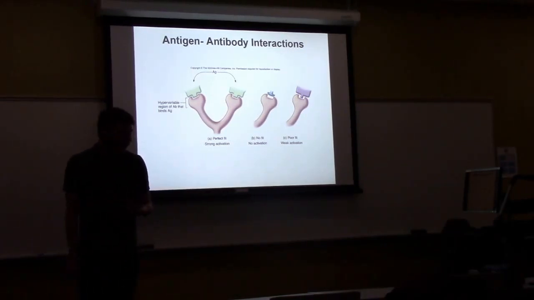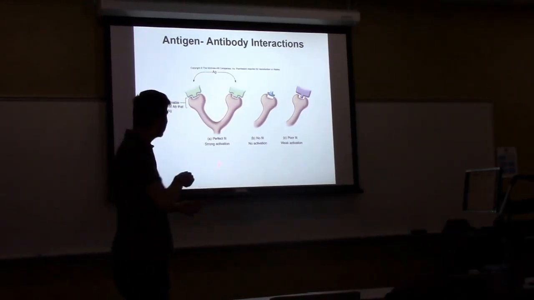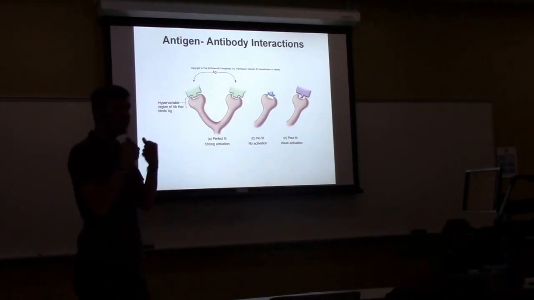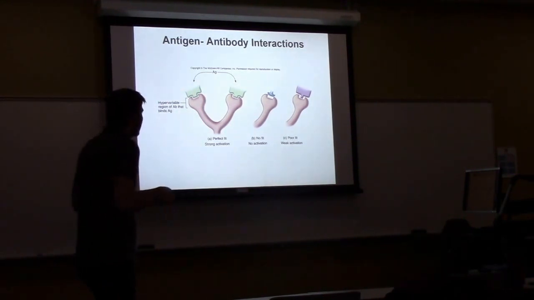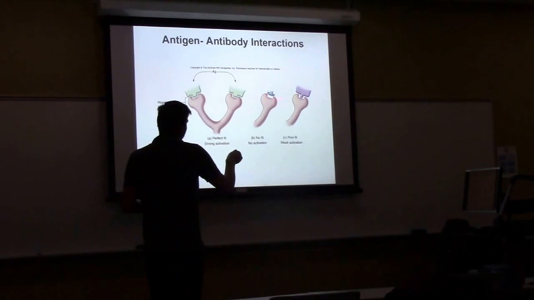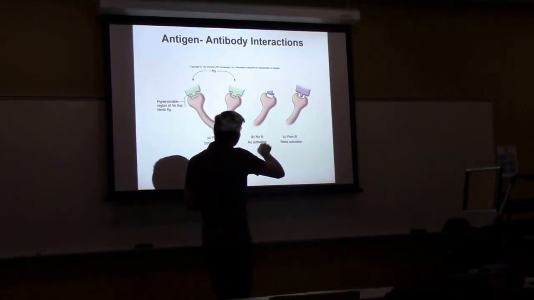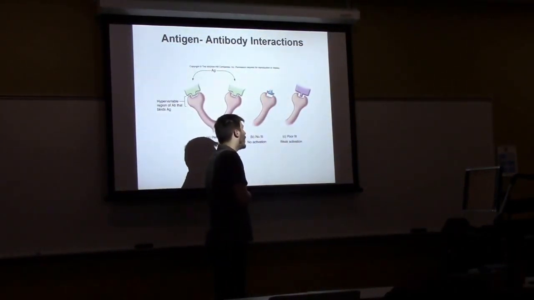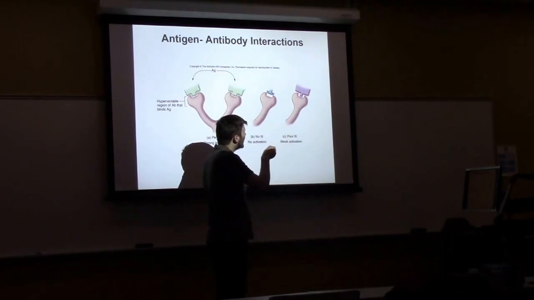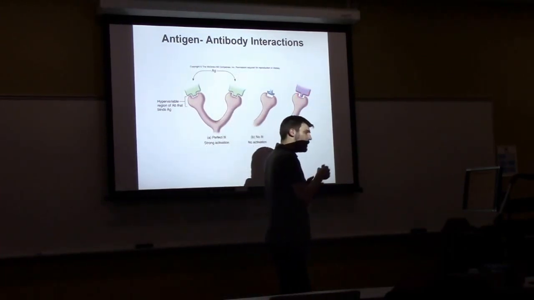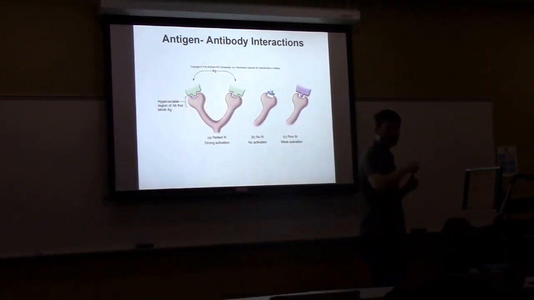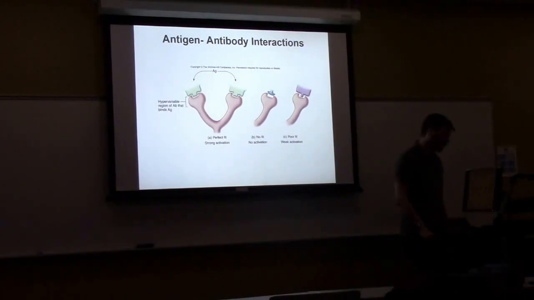Okay? It also has an opposite charge so that it sticks very, very nicely, kind of like a magnet. Conversely, if you have an antigen that is weird or different shaped, it's not going to bind and it will just fall right off. However, if you have an antigen that is similarly shaped, it may bind but very weakly. Okay, so it tends to fall off and not cause any problems.